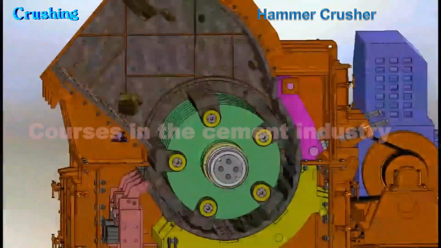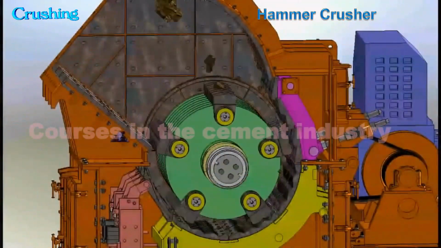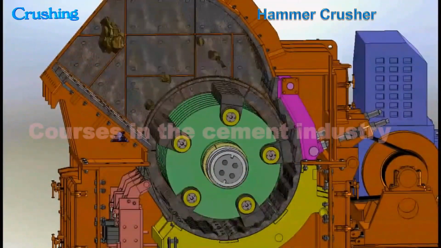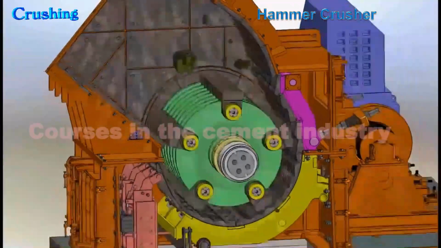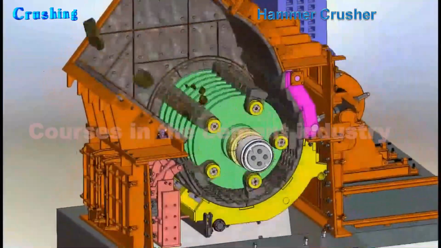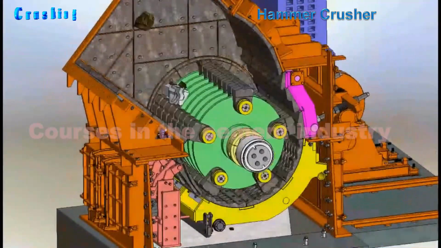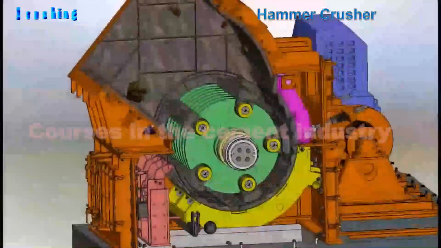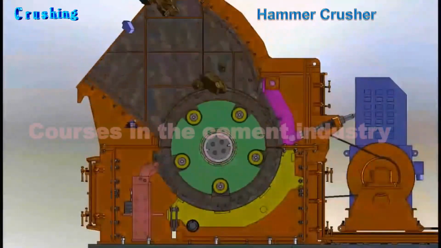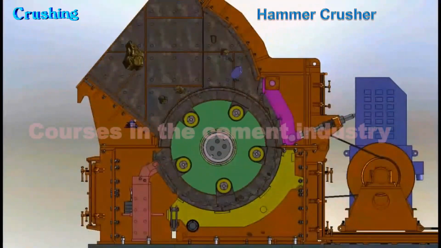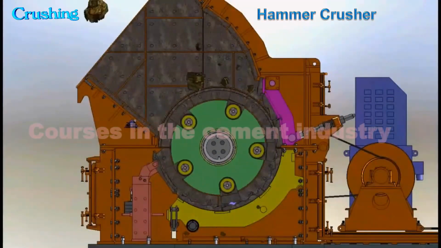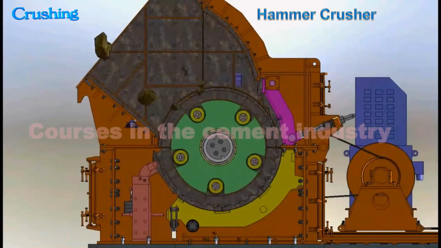Hammer crusher working principle. In the working process of the hammer crusher, the motor drives the rotor to rotate at high speed. When materials are evenly fed into the machine cavity, the high-speed rotating hammer head will continuously impact the material until it is broken into small pieces.